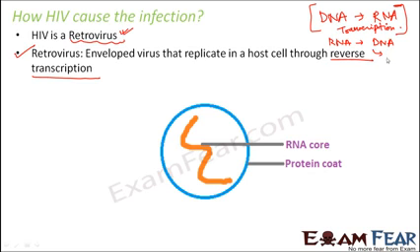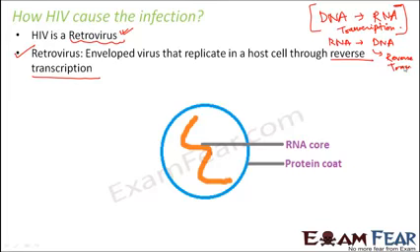So this process is known as reverse transcription. So DNA will be synthesized from RNA, and then from that DNA more RNAs will be created, and that is how this virus will multiply inside the body of the host cell. So that is how the HIV infection happens.